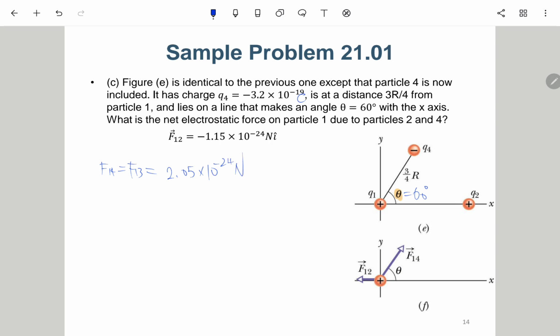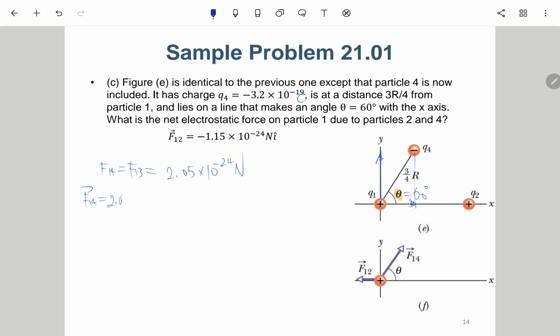But if we need to write it in the vector form, it is different because we need to decompose it into the x-axis component and y-axis component. So the vector form will be a little bit different.